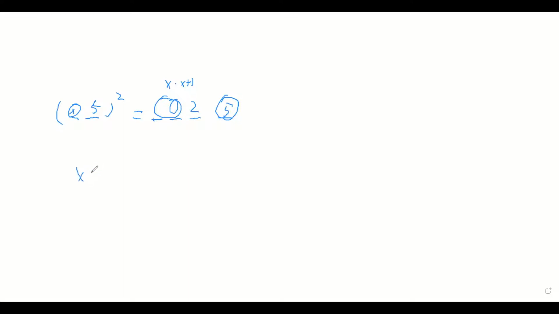Let's say you have x5 as your number. Then that's equal to 10x plus 5. If you were to square this, then you will get 100x squared plus 100x plus 25, so you will get x squared plus x times 100, plus 25.